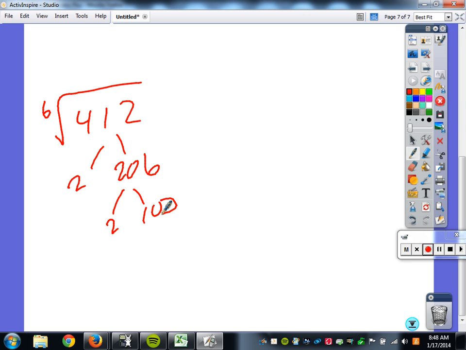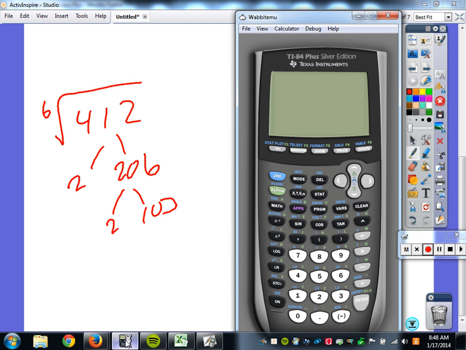Does anybody know on this machine how to do a 6th root of 412? First off, turn it on. So 412, what do I raise it to? You push that caret. It's a caret, not a square root.